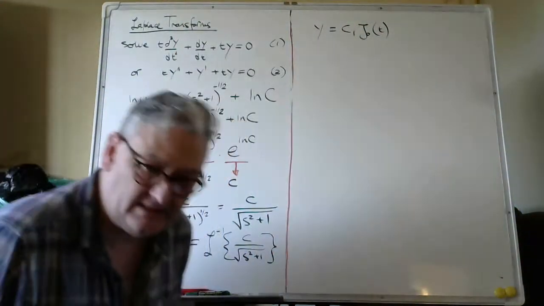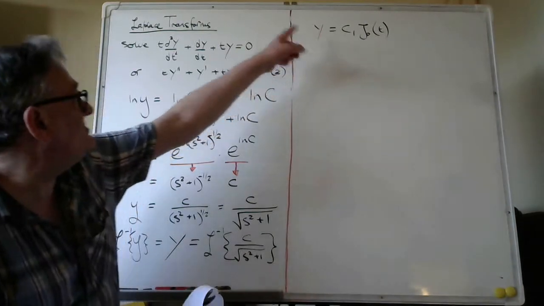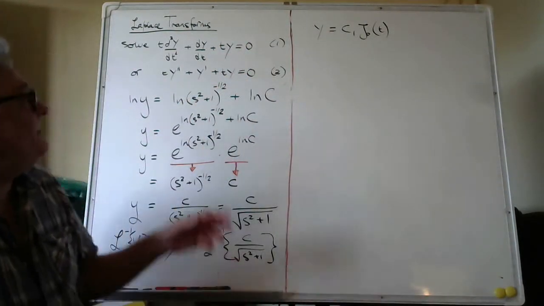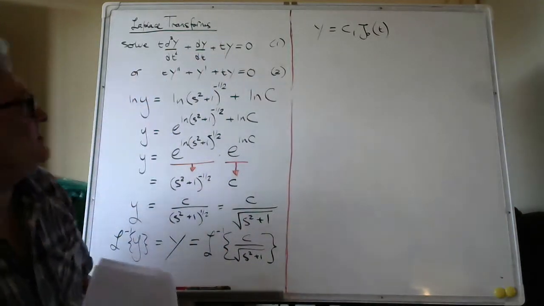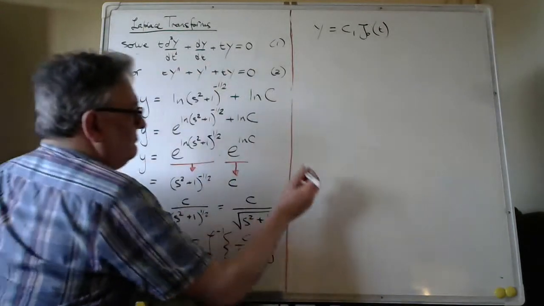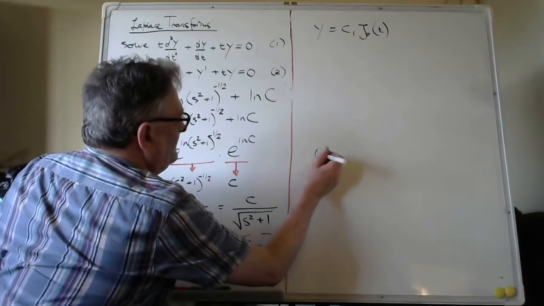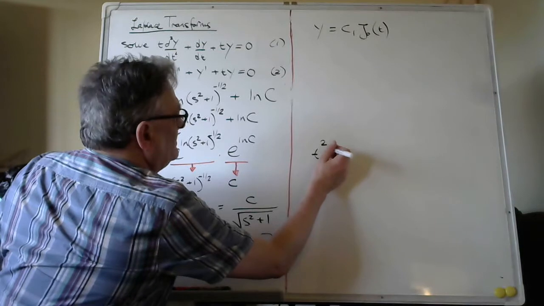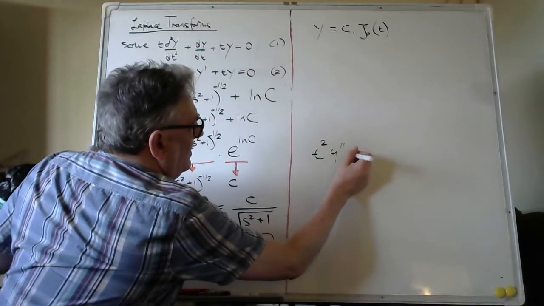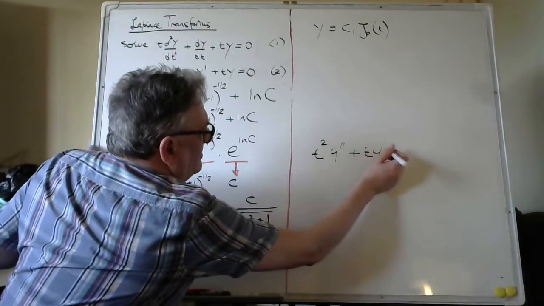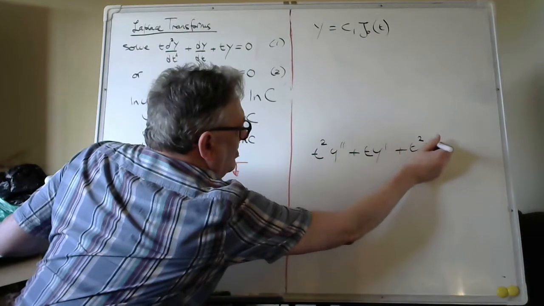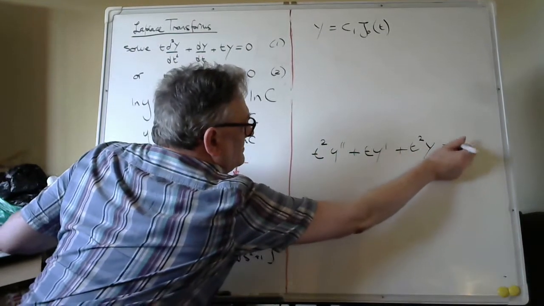Well, what's that? If that's a solution to that, what is that? Well, it's a Bessel function, because this is a Bessel equation. And in fact, this is often written, I'll just write it here and then rub it off the board, as t squared y double prime plus t y prime plus t squared y equal to 0.